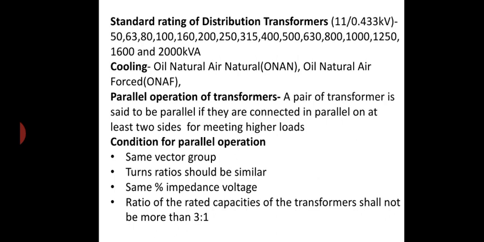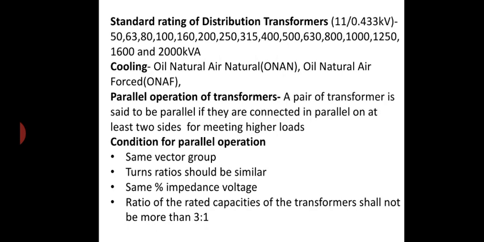The lowest kVA we can expect is 50 kVA and the highest is about 2000 kVA maximum. It ranges over 50, 63, 80, 100, 160, 200, 250, 315, 400, 500, etc. The cooling will be oil natural air natural, ONAN cooling, or oil natural air forced.